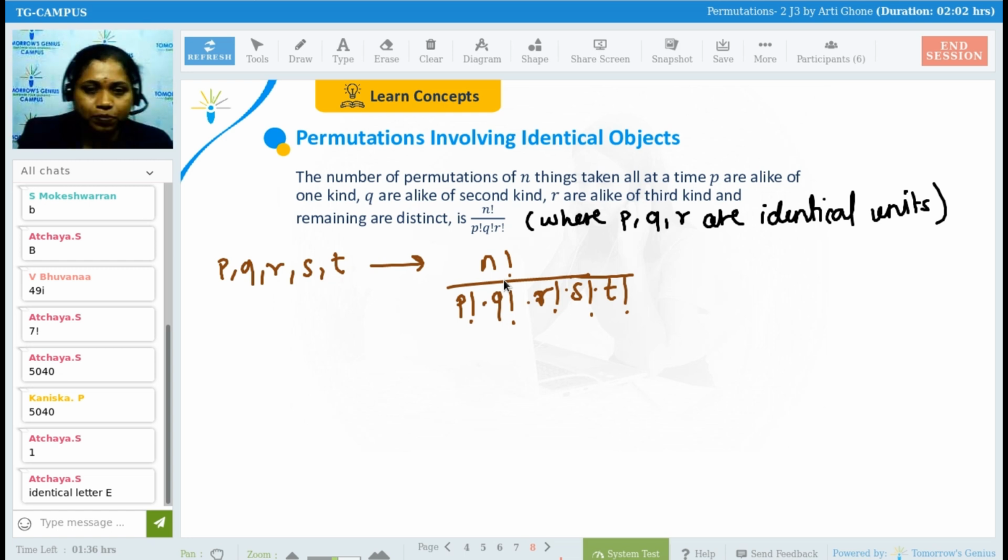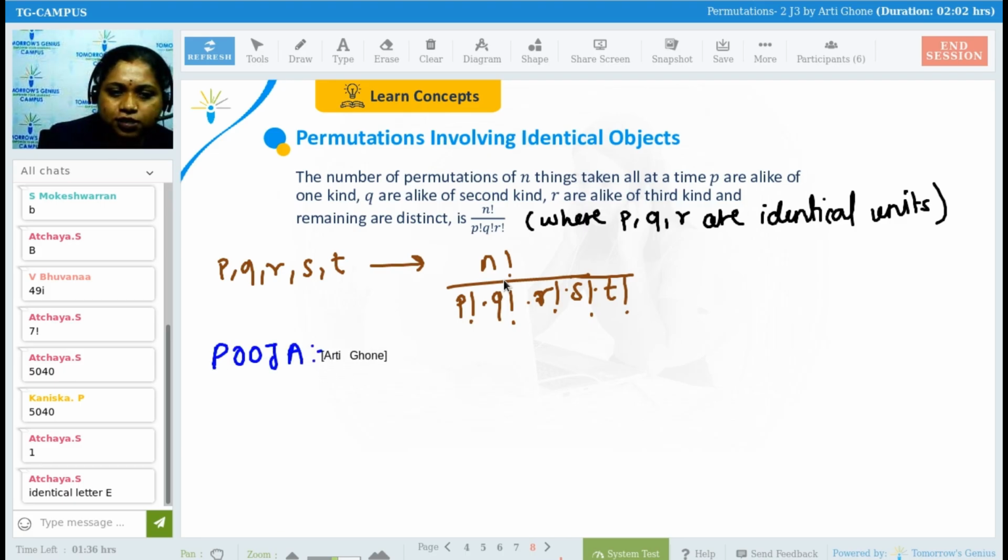Now I'll give an example. Very simple. Kindly tell me the permutations of the letters of the word, which one should I take? Puja. Do we have any Puja in our class? No. So tell me the permutations of the letters of the word PUJA quickly. Now you are so talented. You are my students. Even we know how to take a division of 2 factorials. Just a minute.